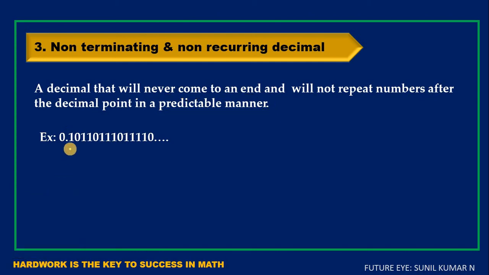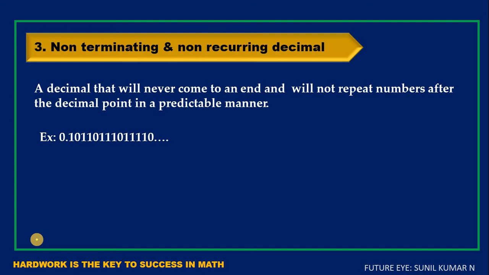Or else, if there is a 10, next also should be 10, next also 10, next also 10. Otherwise, if there is 101, next also 101 should be there, next also 101. See, 101 is repeated here 2 times. It's not repeated from here onwards. So hence this kind of examples we can give for non-terminating and non-recurring decimals.